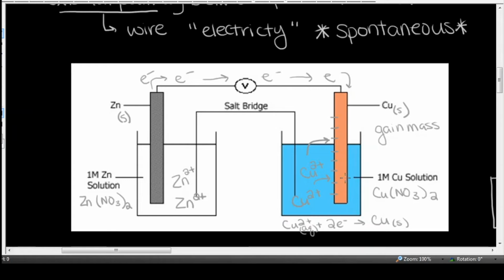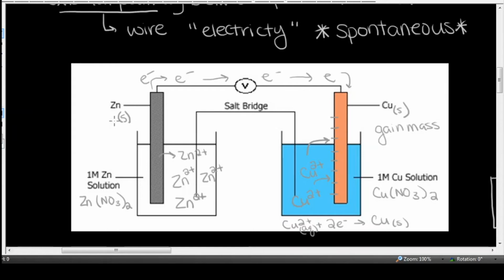the copper electrode. As the zinc is oxidized and loses the electrons over here to these copper ions that really want those electrons, this zinc becomes zinc 2 plus. In other words, every atom that loses 2 electrons is going to go off into solution as zinc 2 plus ions. So we're going to create more and more zinc 2 plus over here on this side, as on this side we lose Cu2 plus from solution.